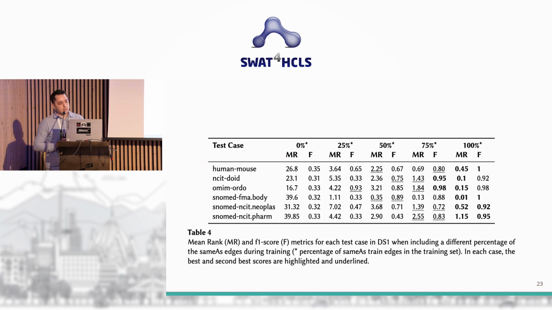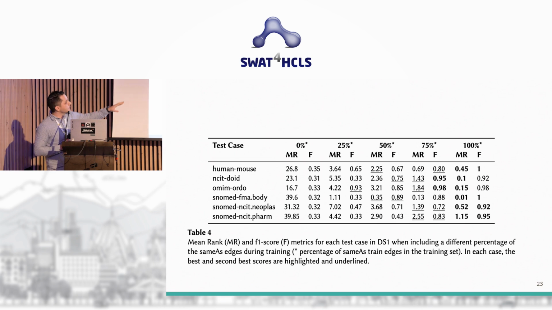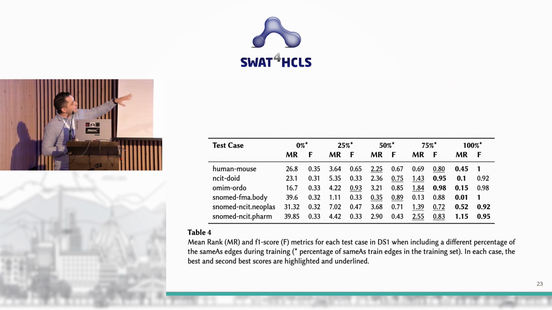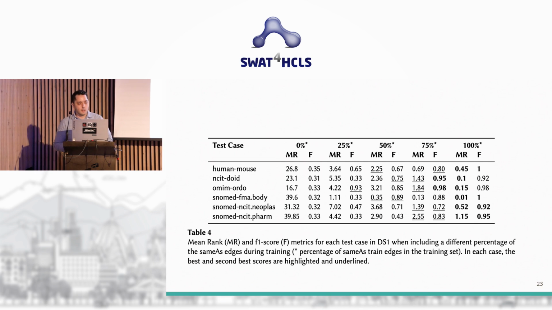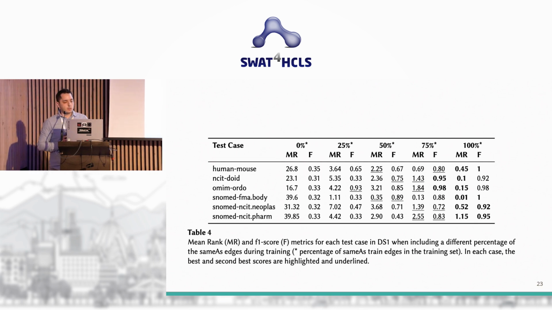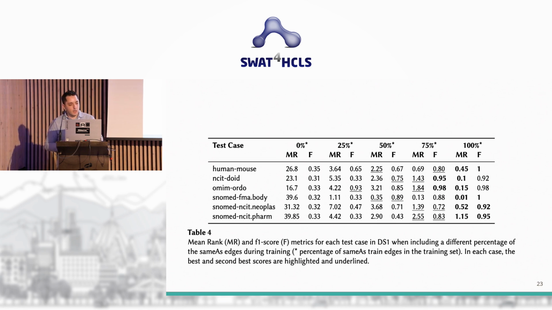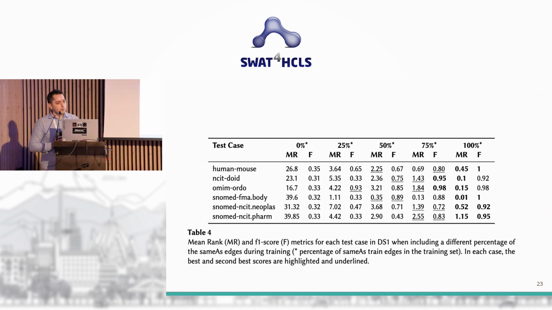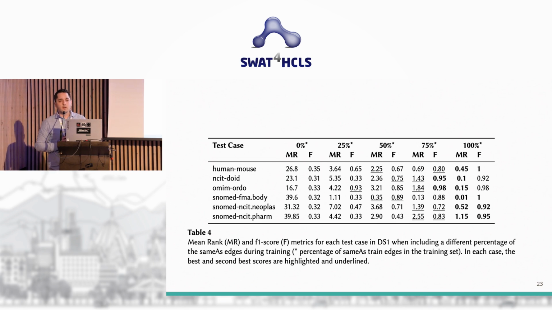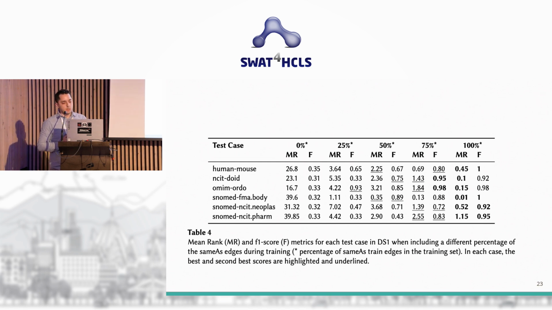Again, there are 6 separate ontology matching tasks. In some cases, depending on the complexity of the matching, you can get away with even 25% training data. In the case of OMIM to ORDO, you still get 93%, or 90.93, for F1 score. And of course, the results that were in the tables or the diagrams were using 100% training data.